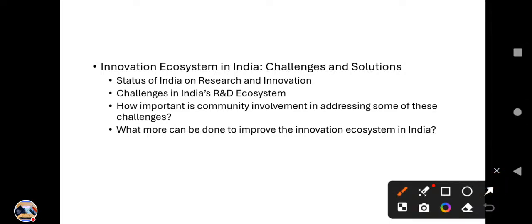Next is how important community involvement is in addressing some of these challenges. Learning from the success of Amul, which is a brand of the Indian economic system. Amul produces across India as well as in neighboring countries.